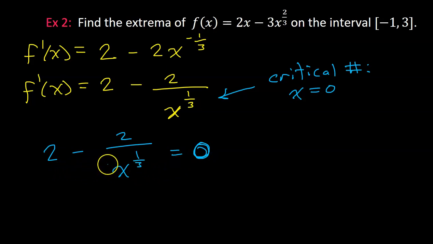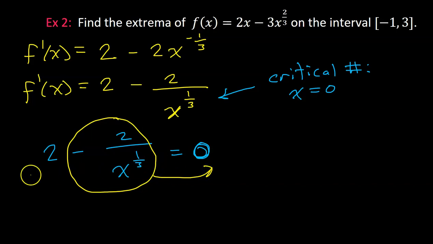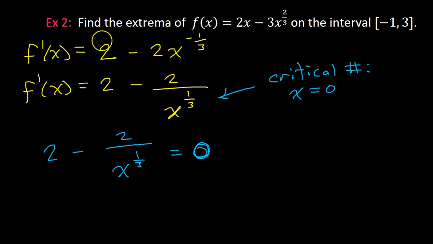Next, I really want to add this part. I'm going to take my negative 2 over x to the 1/3 power, and I'm going to add this to both sides. So I'm going to end up with 2 equals 2 over x to the 1/3 power.